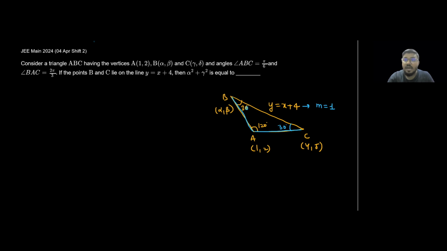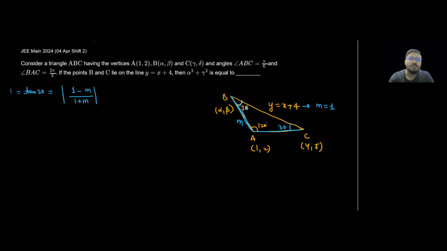So we are trying to find the slope of such a line AB which is making 30 degrees with another line having slope 1. So apply tan theta. So tan 30 will be equal to mod of (1 minus m) divided by (1 plus m), where I'm assuming the slope of the line AB as m.